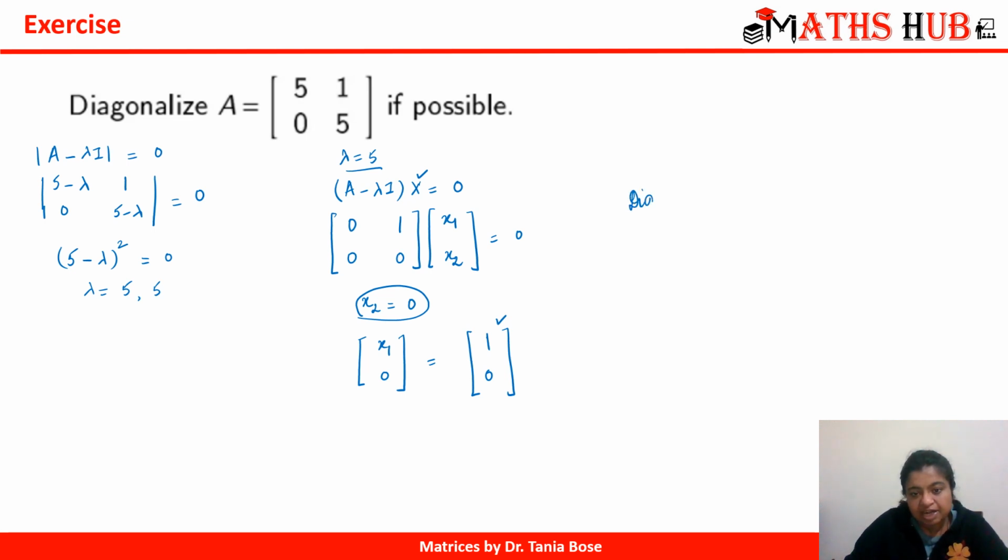So this shows that diagonalization is not possible, because I'm not able to construct the modal matrix. Clear? So now let's try another problem.